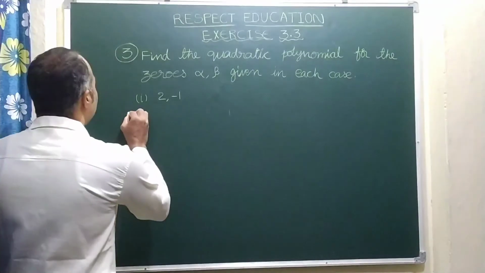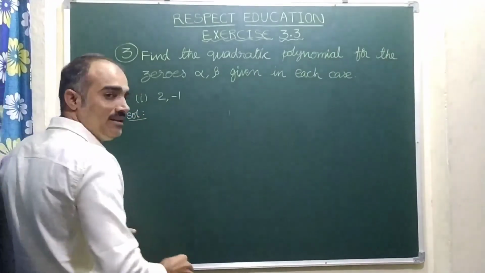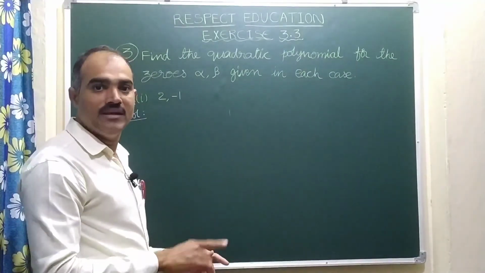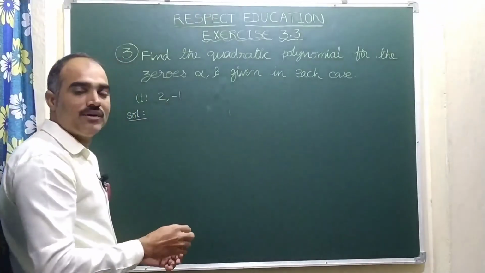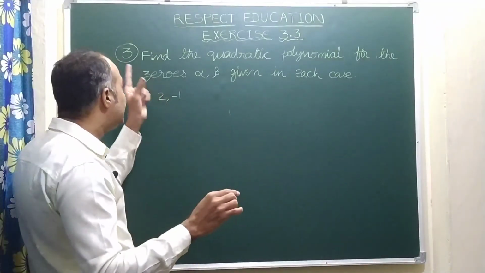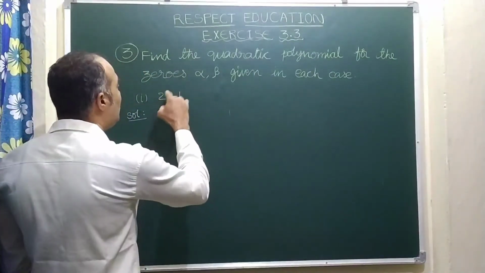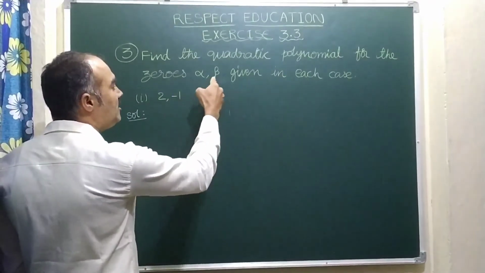Here you observe, in earlier problem, there also two values were given, those two were alpha plus beta and alpha beta. Here these two are alpha and beta. You try to understand the difference between the second question and this third question. Here this 2 indicates alpha, 2 is alpha, beta is minus 1.